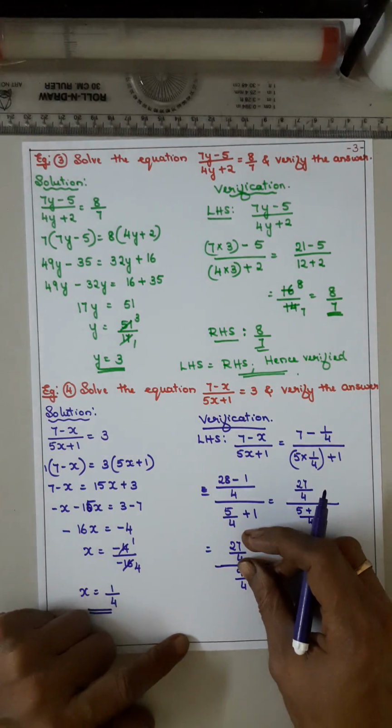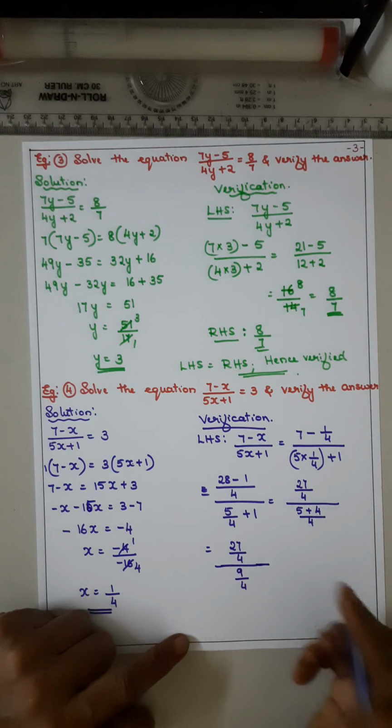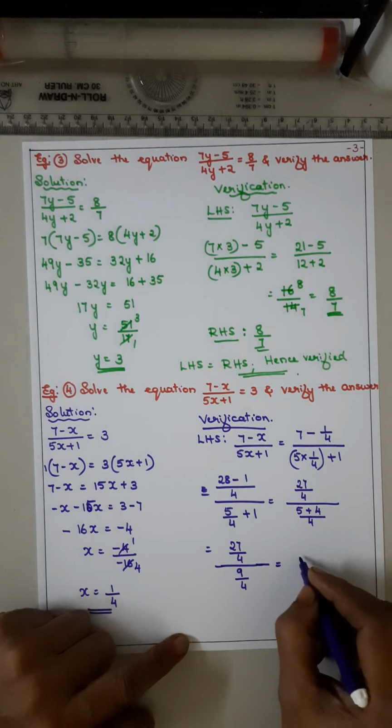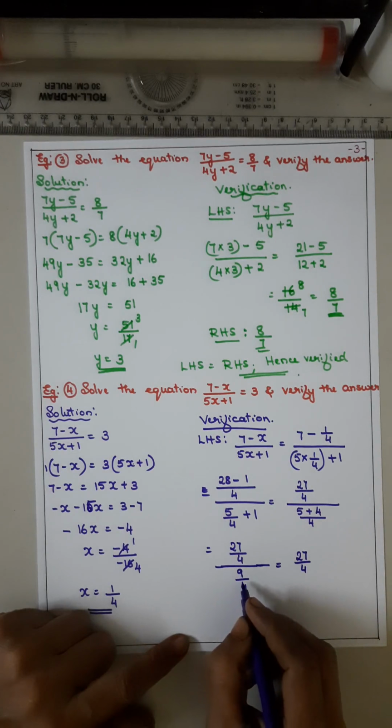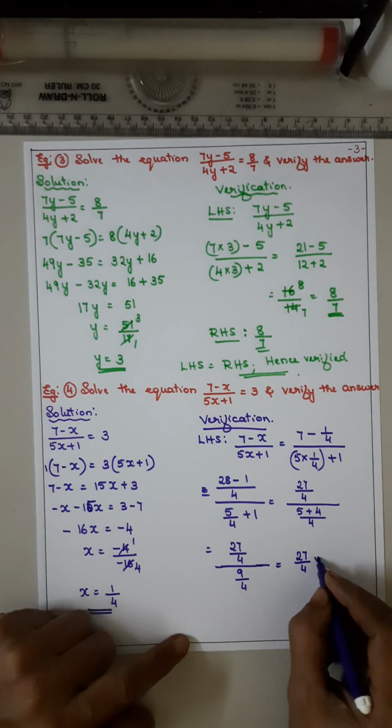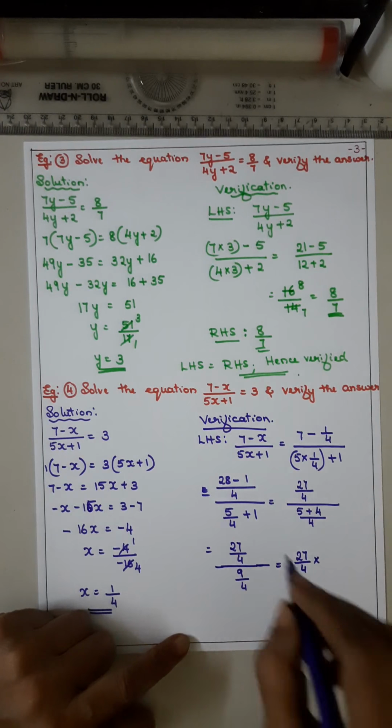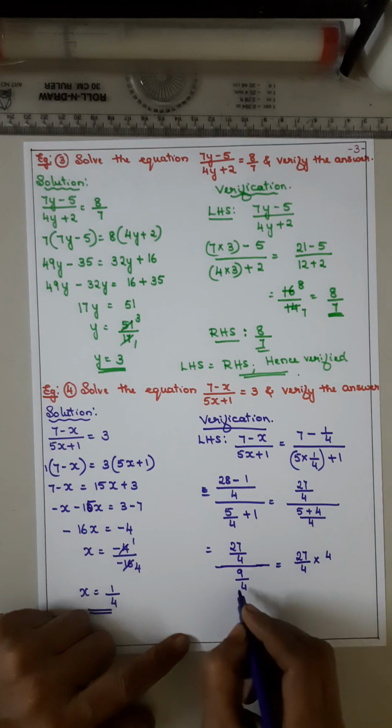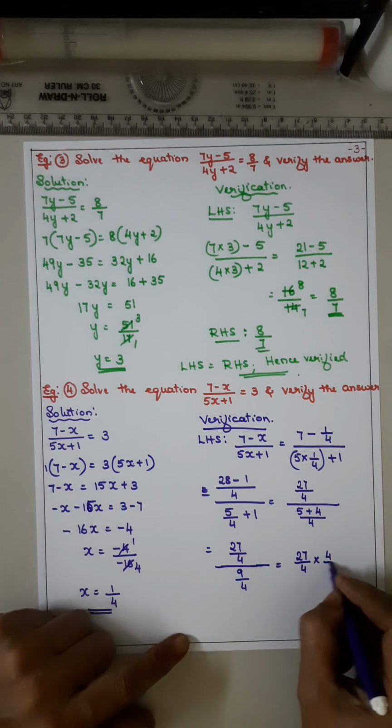So numerator fraction, denominator also fraction. Now it will be 27 by 4 and now divide by 9 by 4 means what? Multiplying the reciprocal. So 4 goes to the numerator, 9 comes to the denominator.